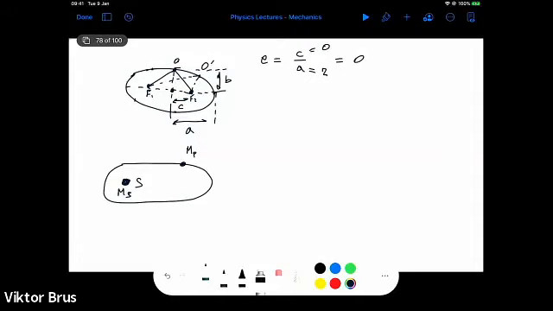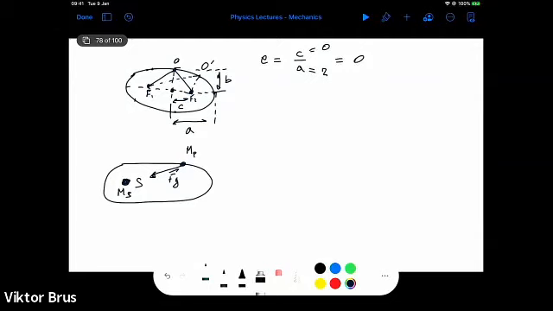So the sun exerts some gravitational force on this planet. This is the gravitational force, and this force is along the radius vector, so along the line which connects the sun and the planet, and directed towards the sun.